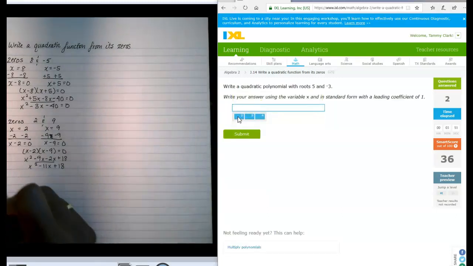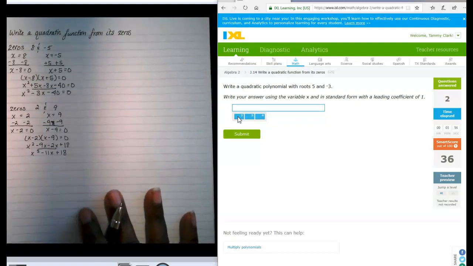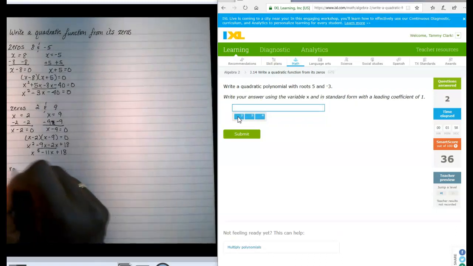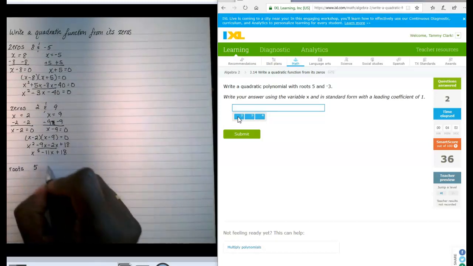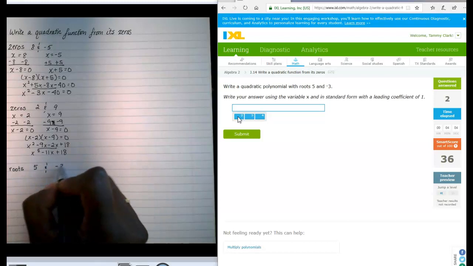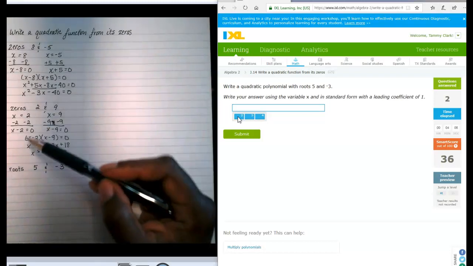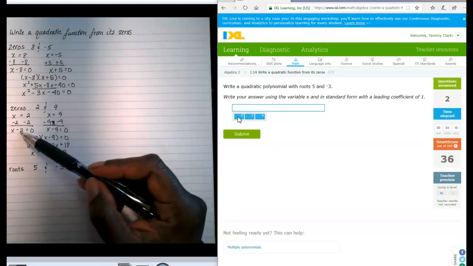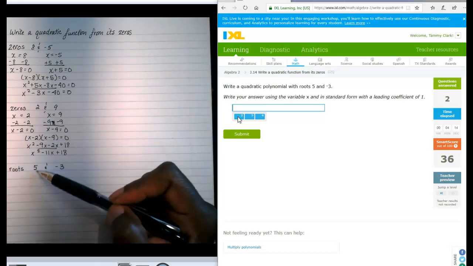Alright, let's look at number 3. This time these are called roots again, so I'm going to put roots instead of zeros. Again, they're the same thing though. Got 5 and negative 3. So if you notice, we just keep writing our binomials as the opposite of what we see.